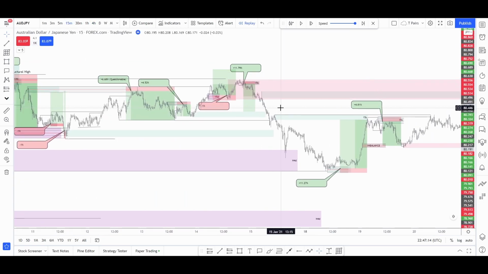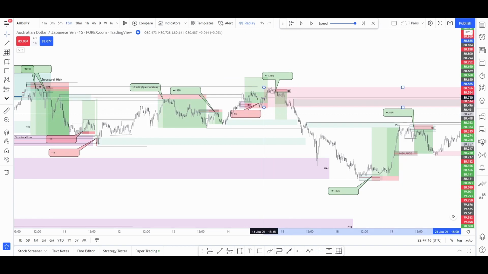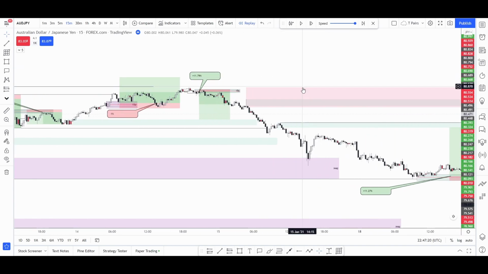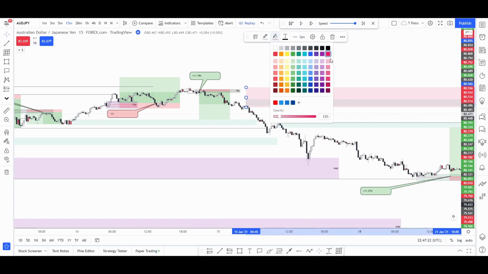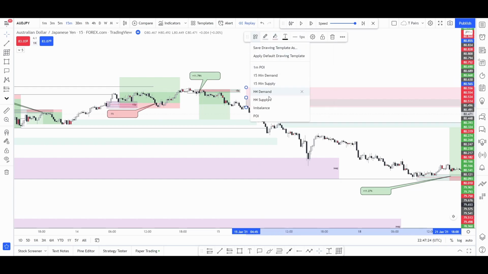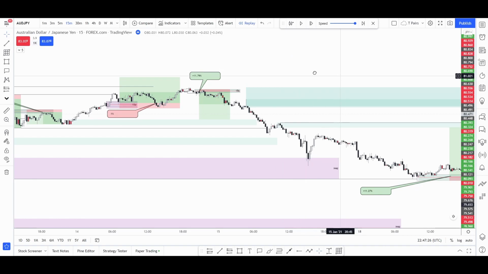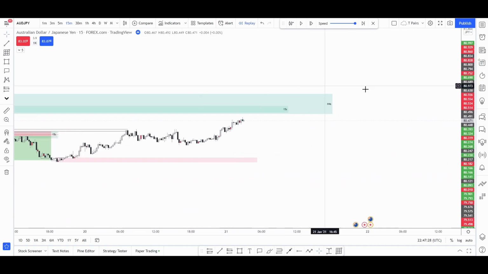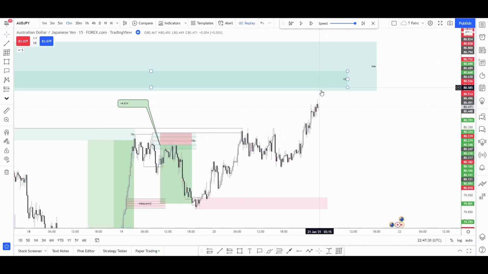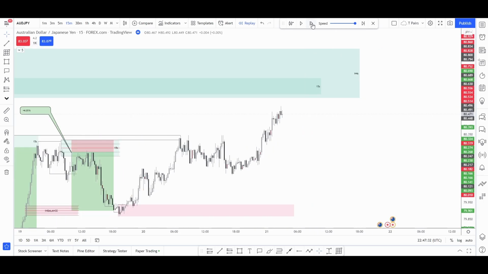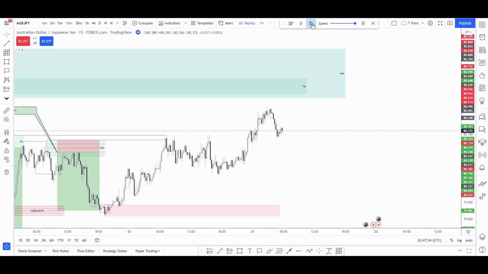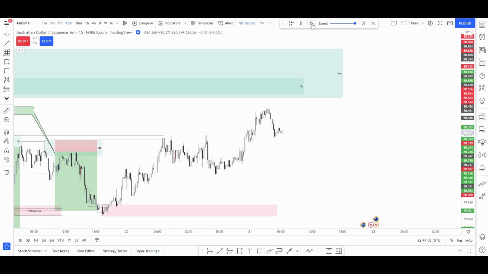How's that different to here? It's this whole zone. Oh well, once price reaches up here, let's see how it reacts. Oh, it doesn't. It doesn't even reach it.